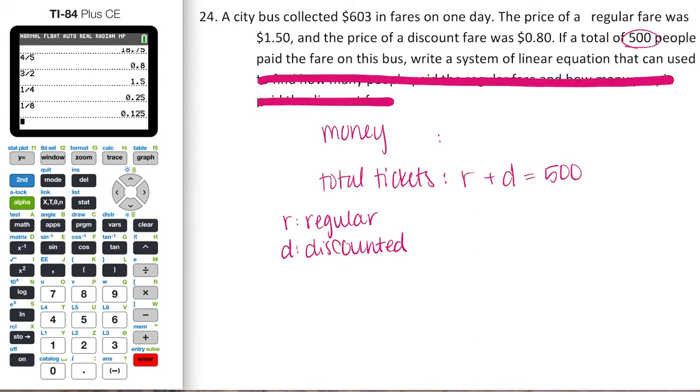So our money equation, we're going to have $1.50 of our regular fares plus 80 cents for our discounted fares for a total of $603. So one equation that deals with the money, the price of the tickets, and then one equation that just deals with the total number of tickets sold.